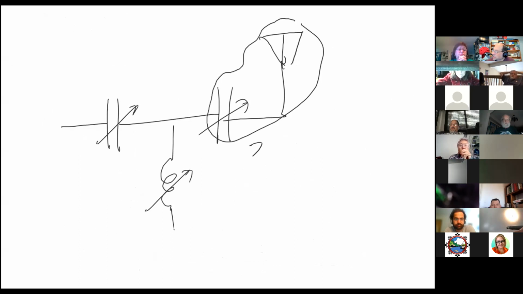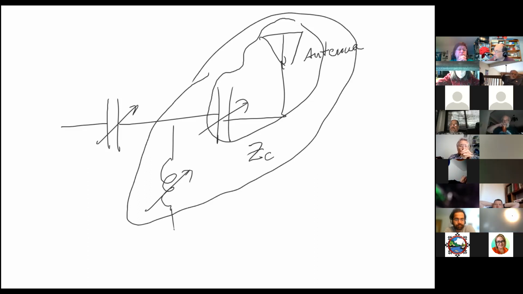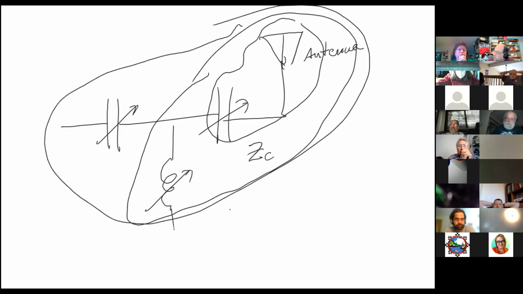I have a ZC there and an antenna, which provides something. And then that in parallel, we're going to get to series and parallel tomorrow. And then that whole thing in series with this. So this is ZL and this is ZC. And what I can do is pick those so that I end up with a resonant circuit.